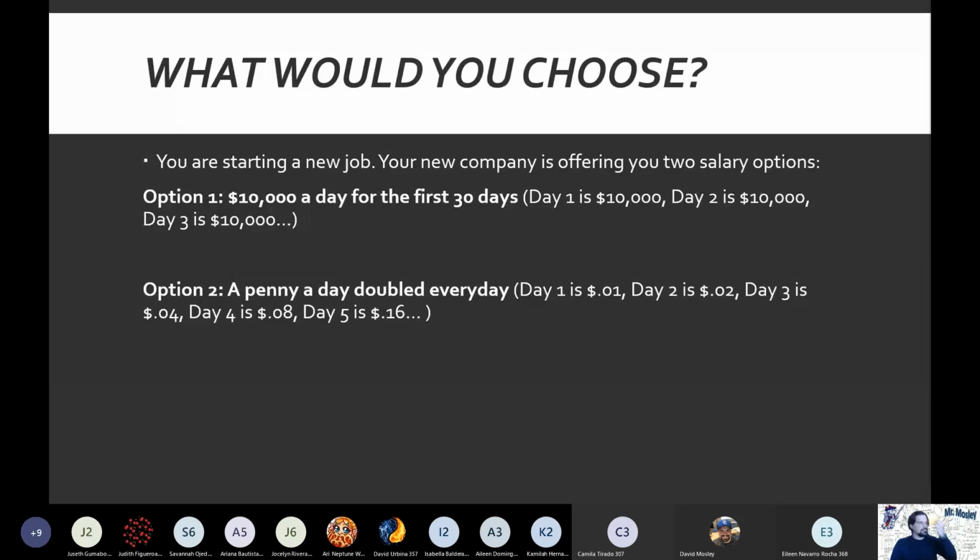Okay. Nicholas says option 1. Savannah said option 2 as well. Judith's option 2. Isabella says option 2. David's on option 2. Okay.